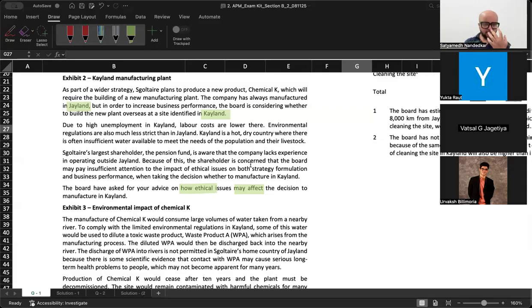Okay. Then there is the site cleanup cost at Kayland once the production ceases. So the company could also think that in that country the environmental regulations are less strict. There is a possibility that the company will leave the site with contaminated chemicals.